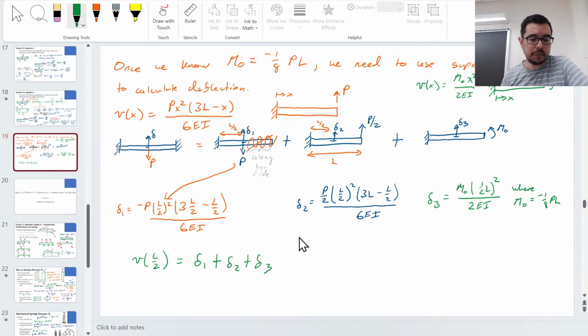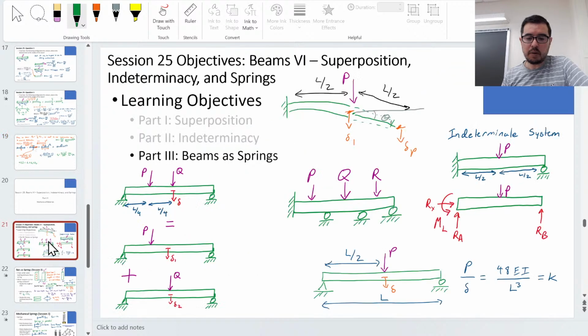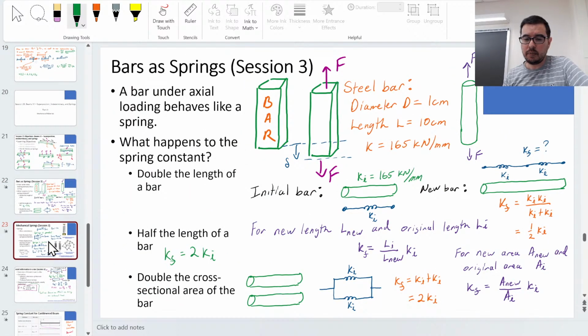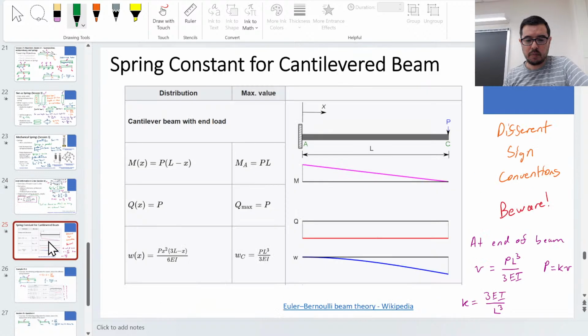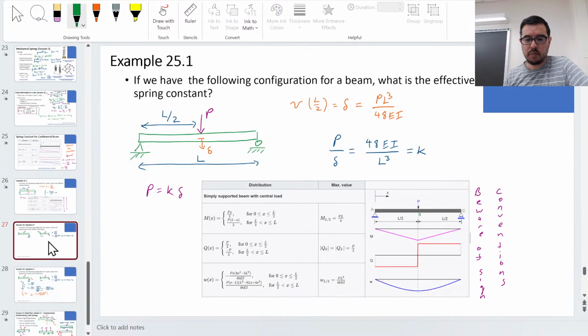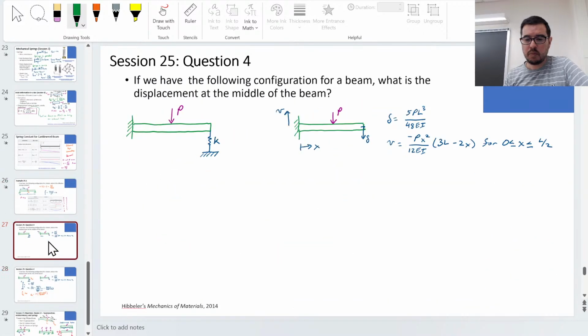Okay, there was a question about 25.4. Where's P located on the beam? It's halfway across, this doesn't say that.